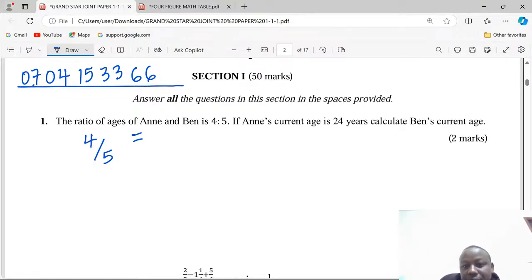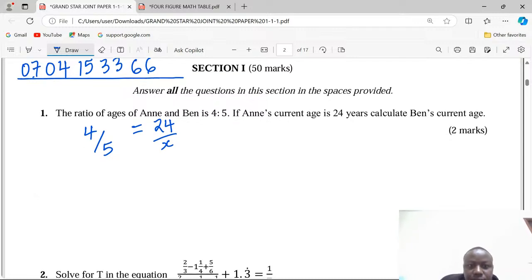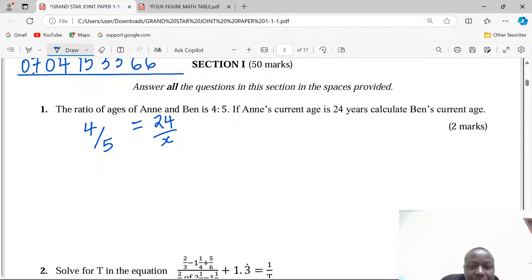Now that we are given the age of Anne, when we take Anne's age, 24, divided by the unknown age of Ben, x, we are supposed to get the ratio of their ages. At this point we can get the value of x, whereby we can cross multiply and have 4 by x equals 24 by 5.